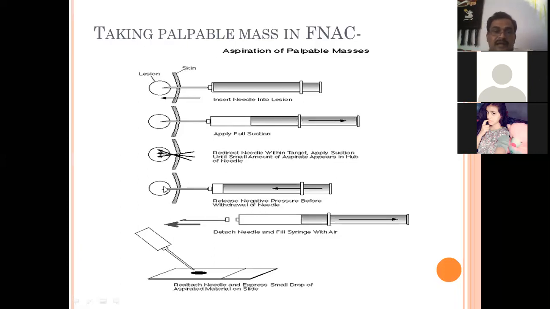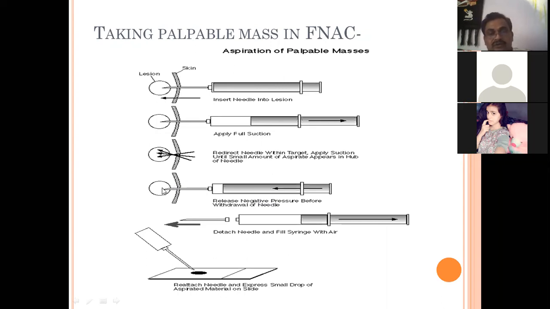Then when you want to collect, you release the suction pressure. You are releasing the negative pressure before withdrawal of the needle. Why? If you don't release it, while the needle is going outward, it will collect some blood also from the dermis or skin area.